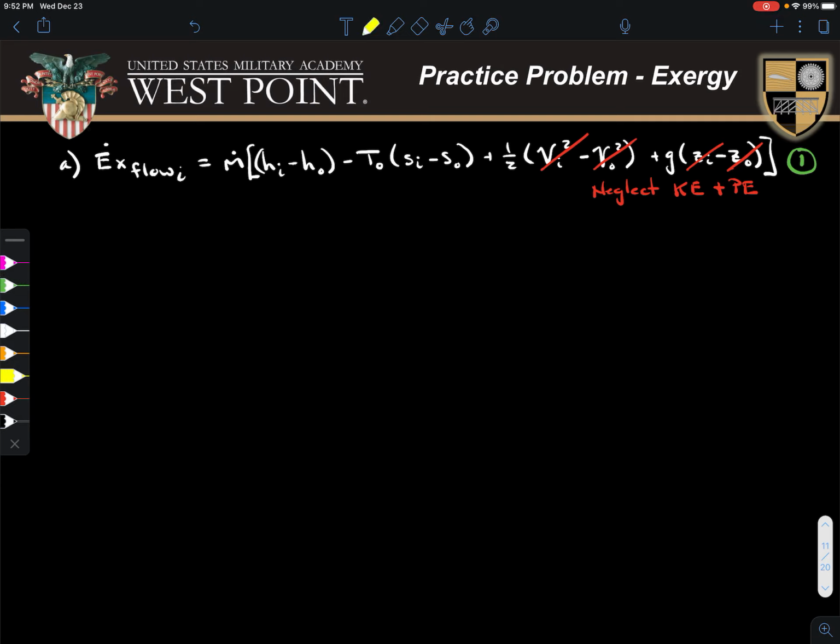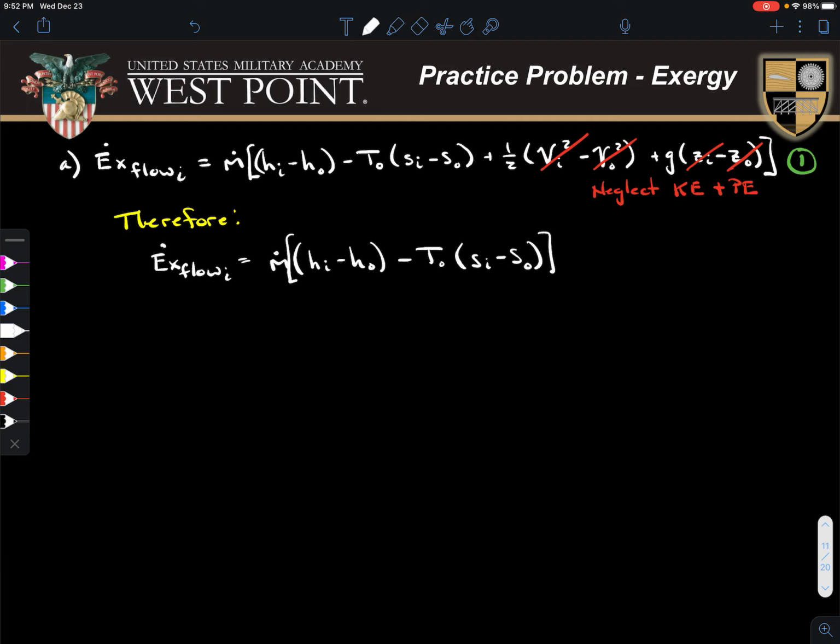And we can then say, therefore, our exergy flow term at the inlet for both designs simplifies to this equation, and our difference in entropies of the inlet to the dead state.